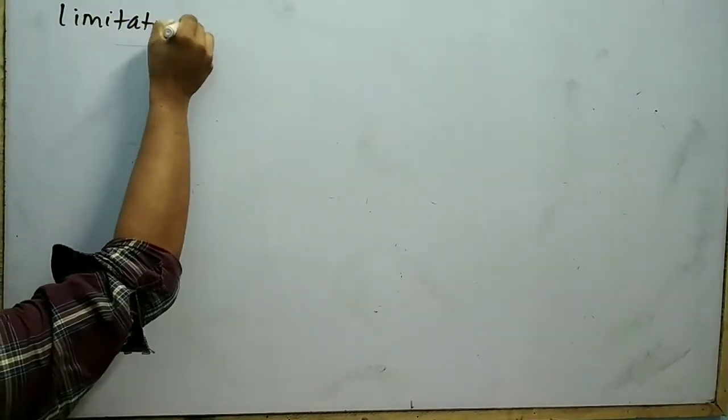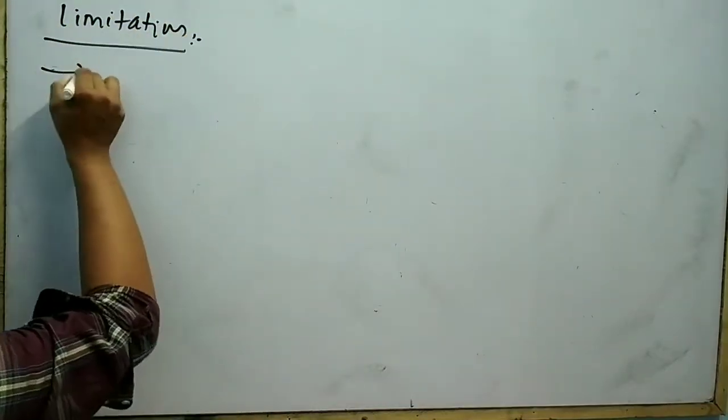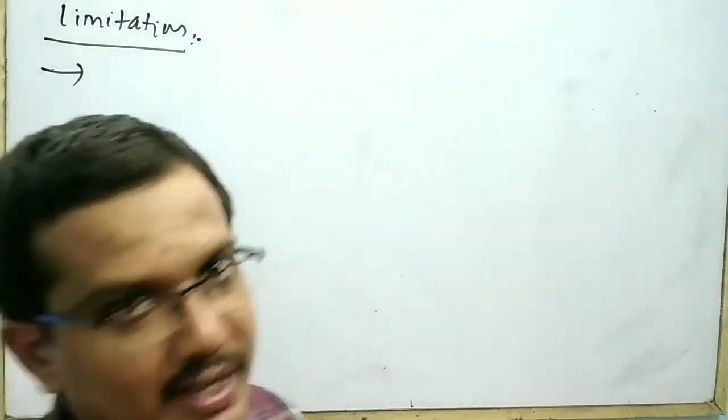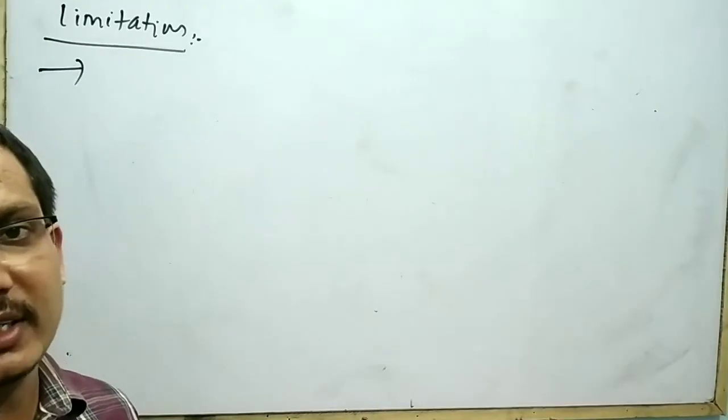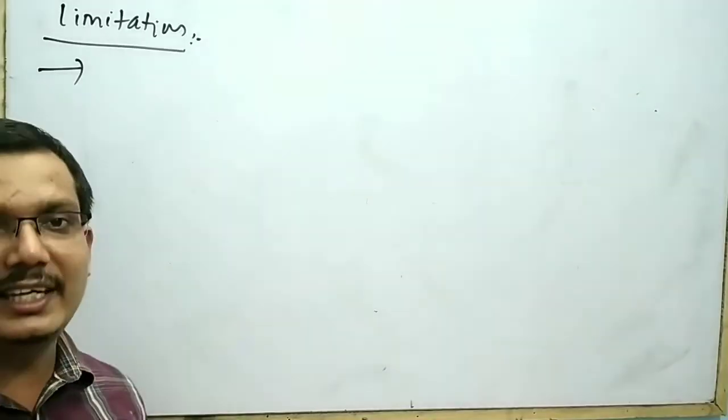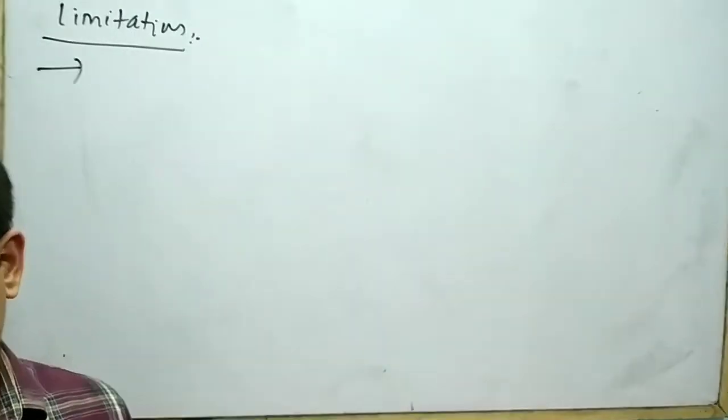Next I will explain the limitations of Raoult's law. First, if the solution is not very dilute, then there is a strong interaction between the solute and the solvent molecules. This leads to positive or negative deviation.